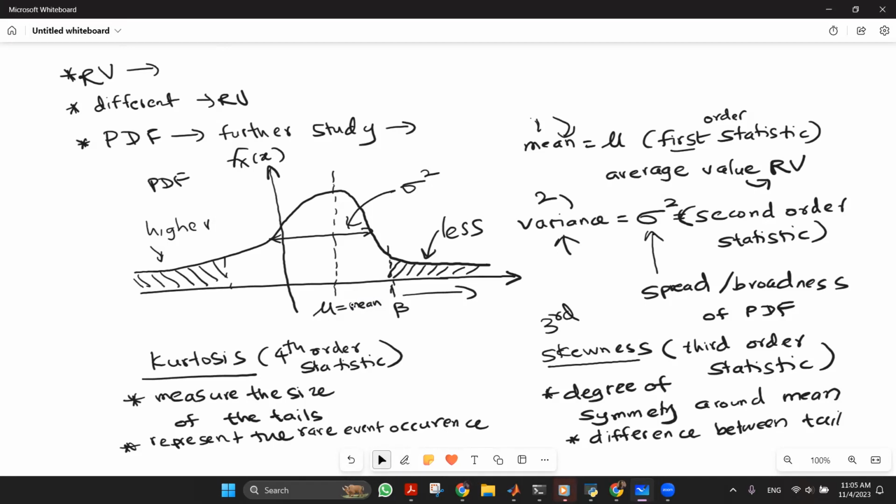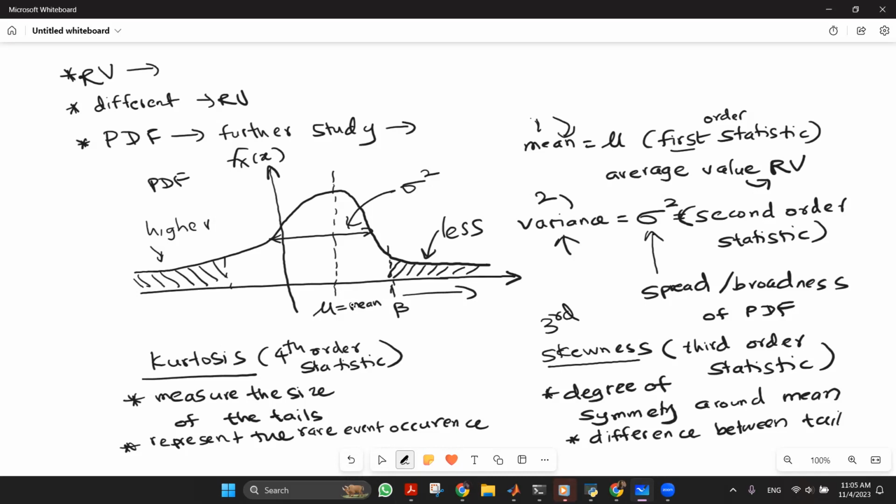Based on the different order statistics, we can get information about the probability of the outcomes of the experiment. We can generalize these statistics and call them moments, the first order moment and so on.